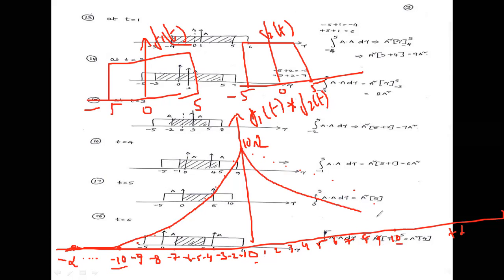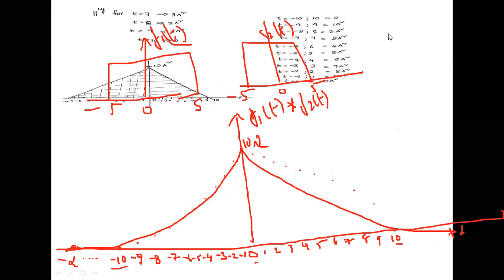Graphical representation, again it is 0 at 10. Okay, like this. You see, the same graphical representation we got for all the values of t.